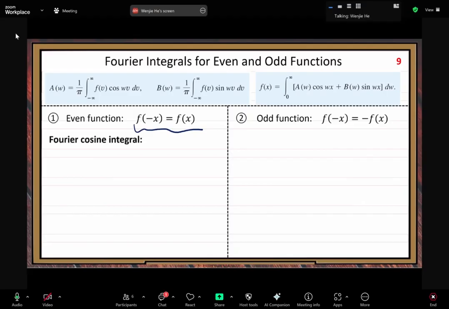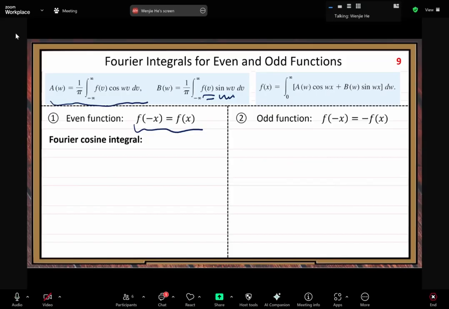Fourier cosine integral. Because f is an even function, for the capital A function calculation, we just keep it. But for the capital B function, f is an even function and the sine function is an odd function. We know even function times odd function is still an odd function.